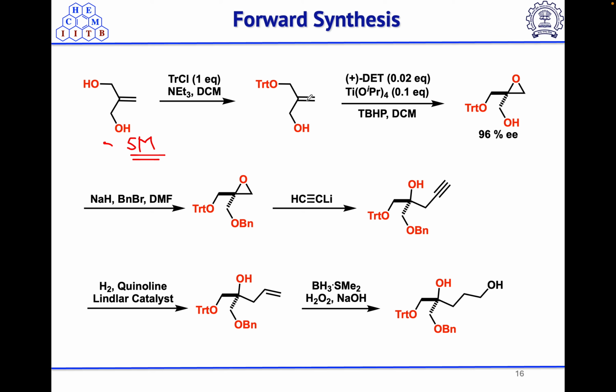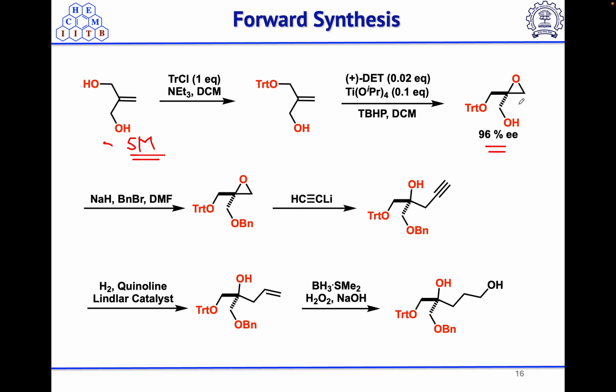So for this epoxidation, Sharpless epoxidation condition: DET and titanium isopropoxide in the presence of tert-butyl hydroperoxide as the oxidizing agent. We'll get this epoxide with 96% enantiomeric excess. So this is the Sharpless epoxidation condition.